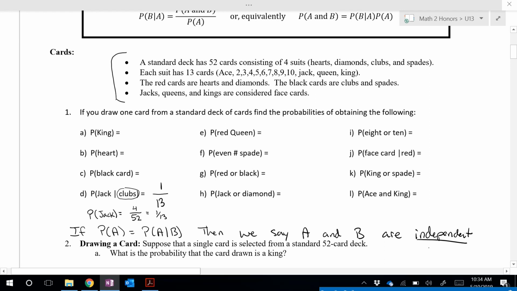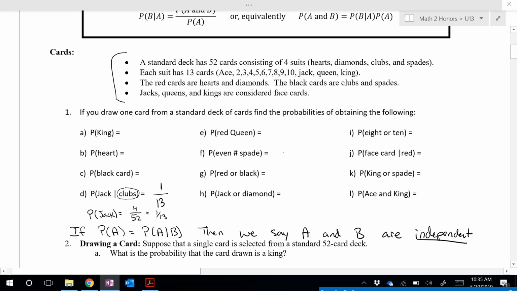Thank you for pointing that out, I need to fix that. Face cards are not a value. Don't count face cards as values. Just the 2 through 10 is what you're going to count. I have some errors there. Thank you.